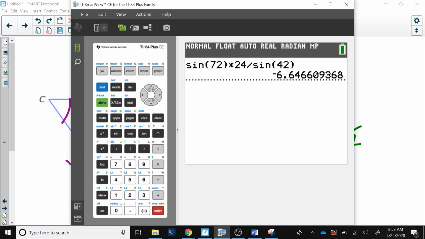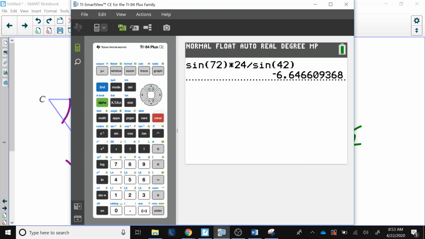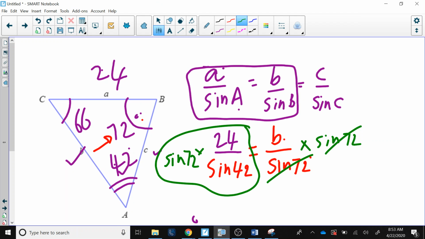I need to change the mode from radian to degree. Look at the third line, it's radian. That's why I'm getting a negative answer. So the radian is blinking; go to degree and hit enter. If you hit enter again, you'll get the answer in degrees. It's 34.1. So my b equals 34.1.